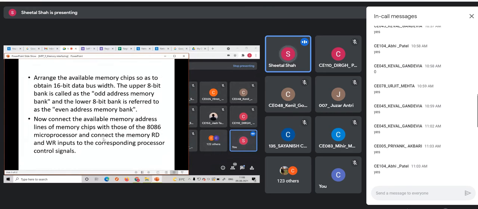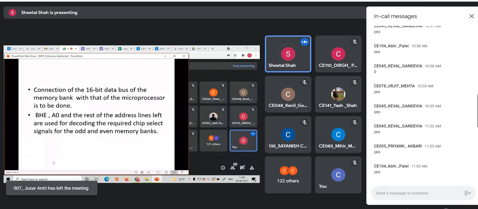Are you getting this? The address bus lines A1 to A10 should be connected to the address pins of the available IC. Okay. Apart from that, we have to connect the memory read and memory write inputs to the corresponding processor control signals. Okay.